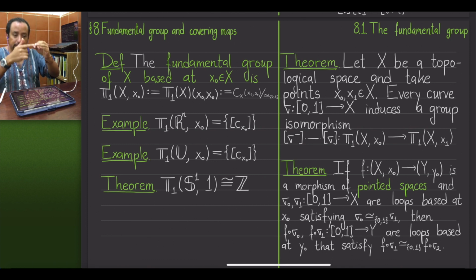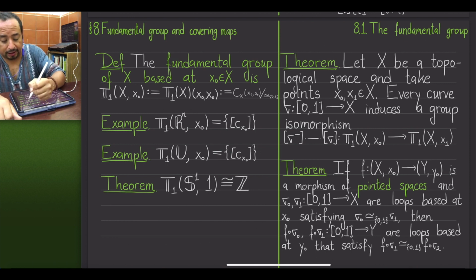Because there is an identity, the operation is associative, and every element has an inverse. So in a groupoid, for every object, its endomorphism set is automatically a group.